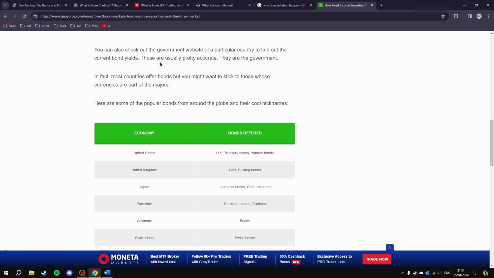Those are usually pretty accurate. They are the government. In fact, most countries offer bonds, but you might want to stick to those whose currencies are part of the majors.